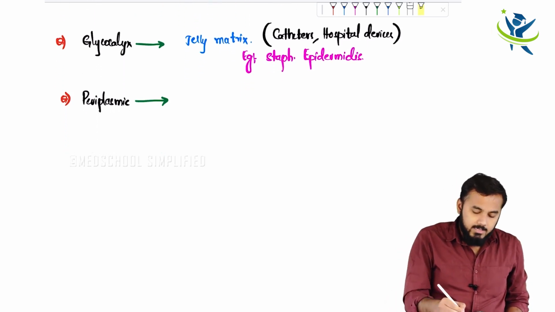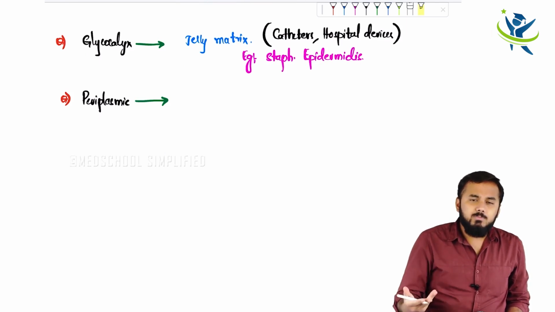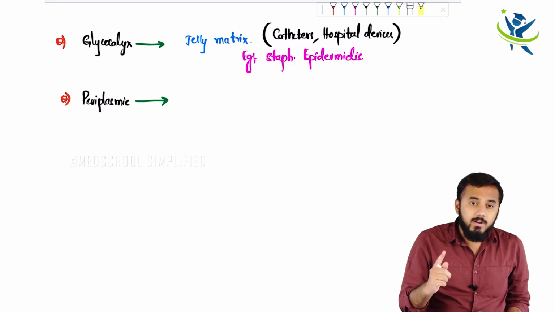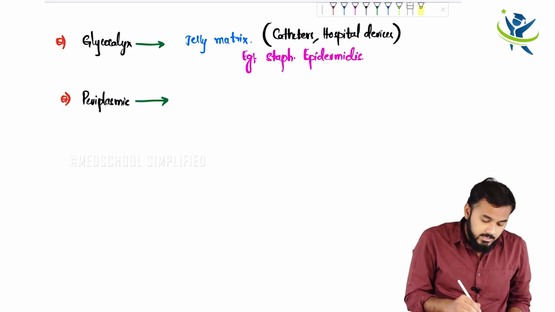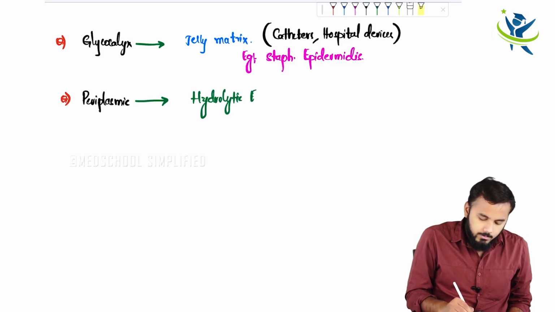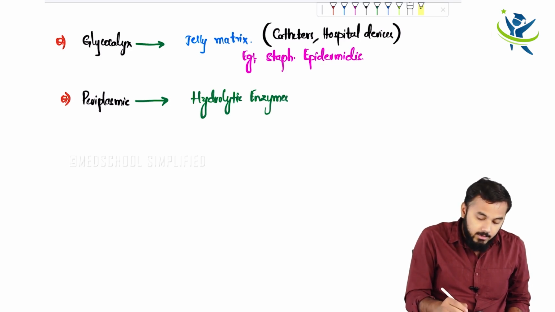Fine. Coming to the periplasmic region. We discussed the periplasmic region. But tell me, what is periplasmic region? Why is it so important? It is important because the periplasmic region has hydrolytic enzymes. Can you name me one? Yes.